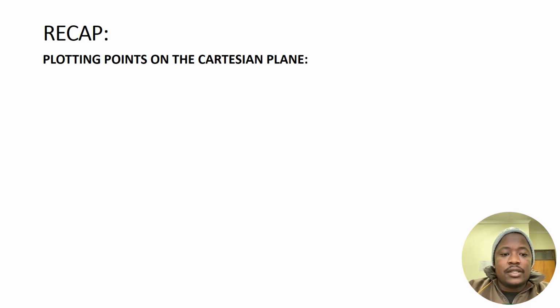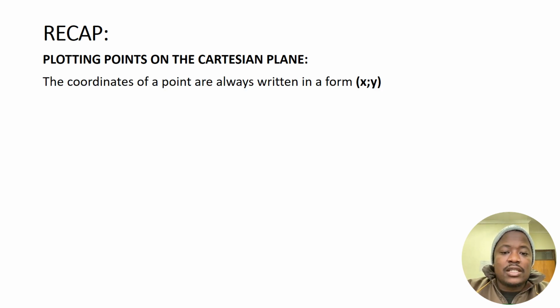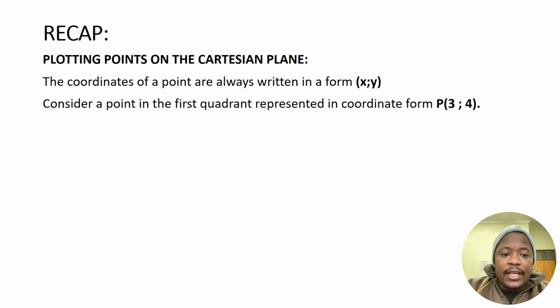As usual, let us start first by recapping on what we did in our last presentation. We spoke about how to plot points on the Cartesian plane. Amongst other things, the coordinates of a point are always written in the form (x; y).